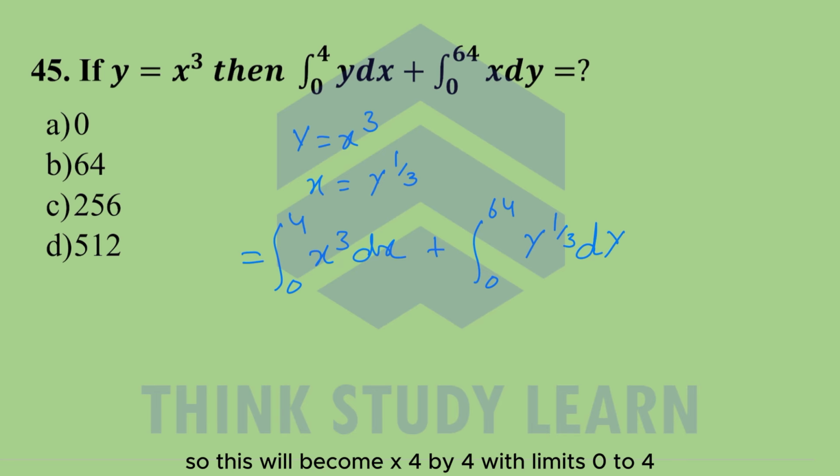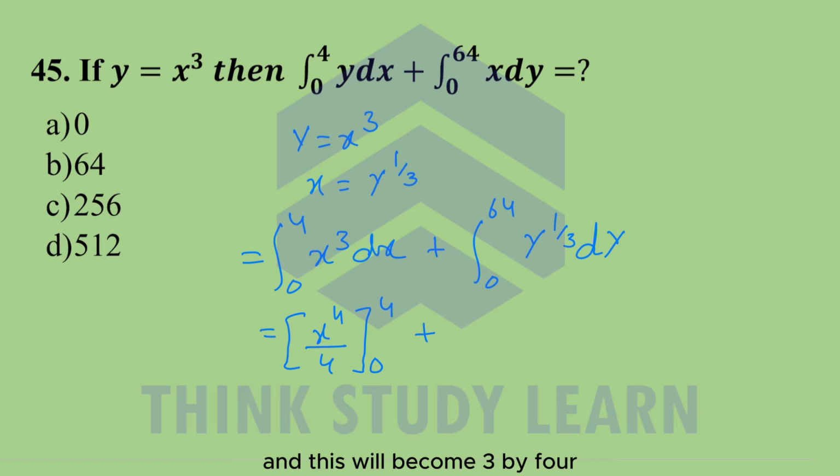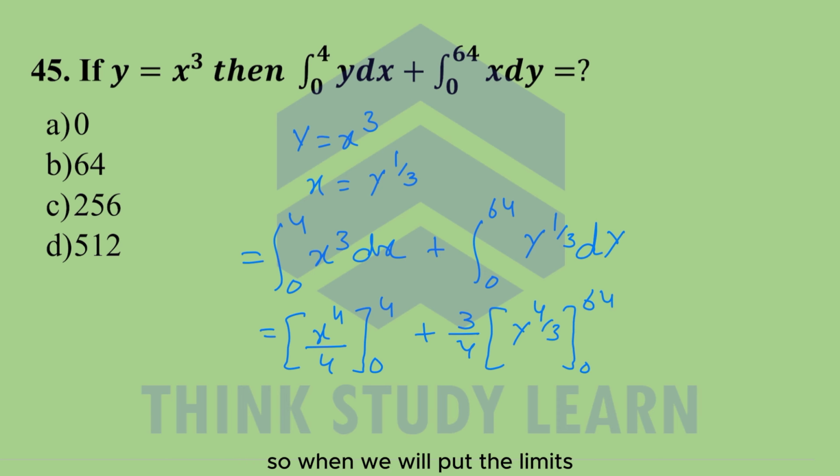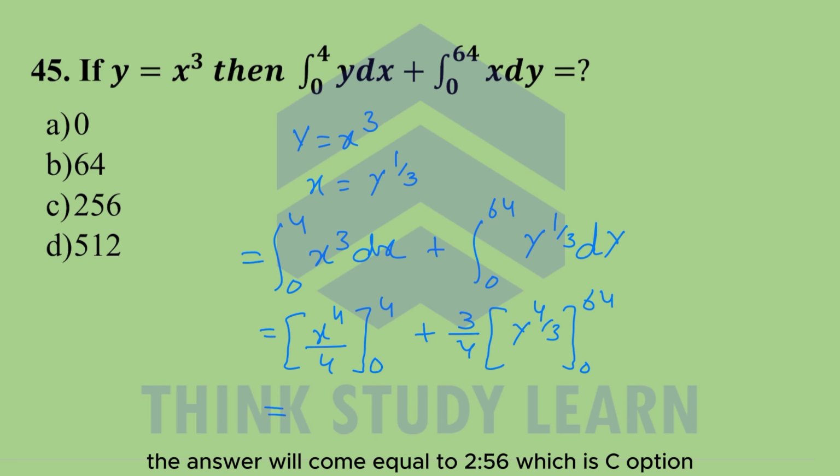This will become x to the power 4 by 4 with limits 0 to 4, and 3 by 4 y raised to the power 4 by 3 with limits 0 and 64. When we put the limits, the answer will be equal to 256, which is C option.